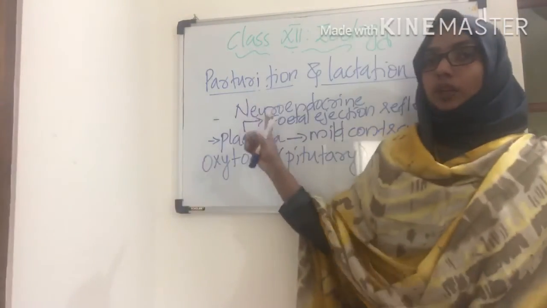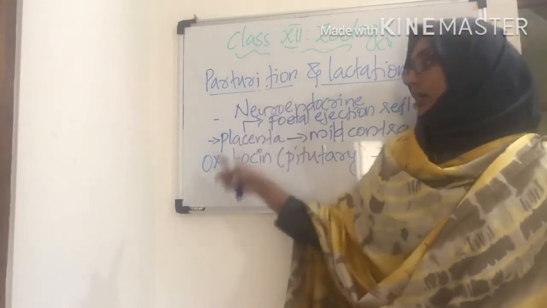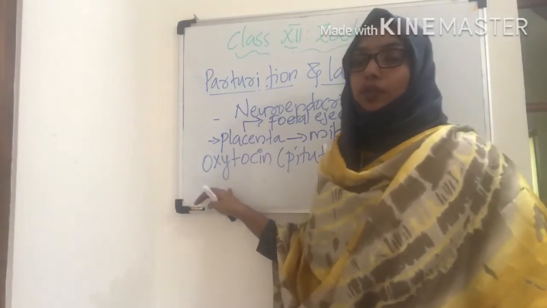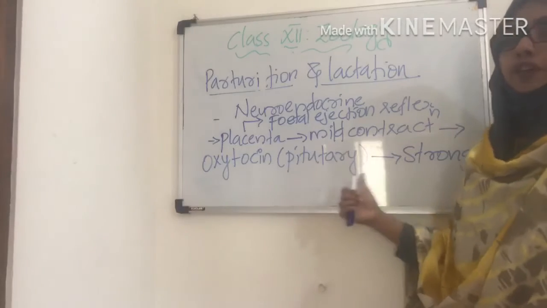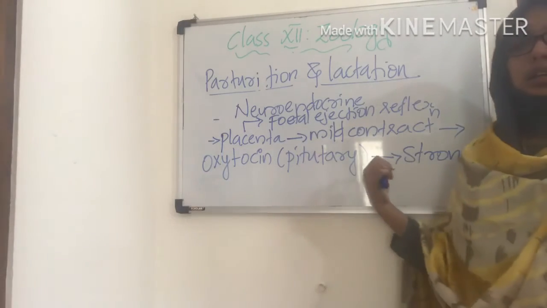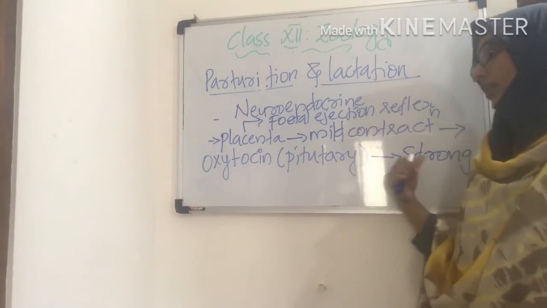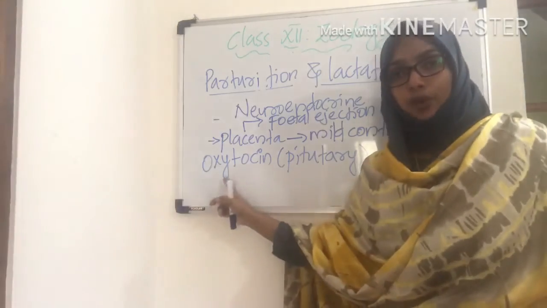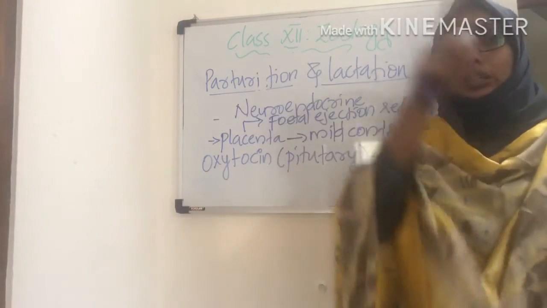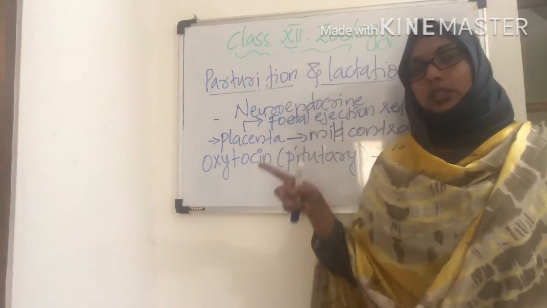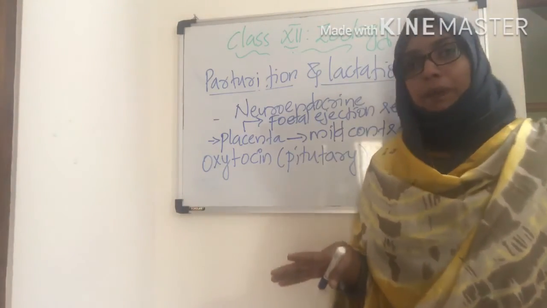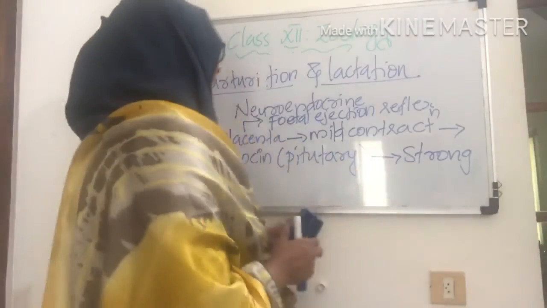Is it clear? So the fetal ejection reflex causes the release of oxytocin from the pituitary, which causes further strong contraction of the uterus. Again, that causes much more release of oxytocin. So this will continue and that would result in the expulsion of the baby. Is that clear? So parturition has happened.